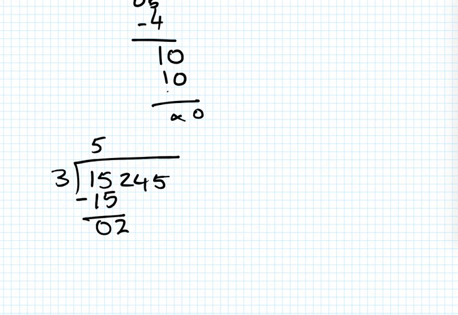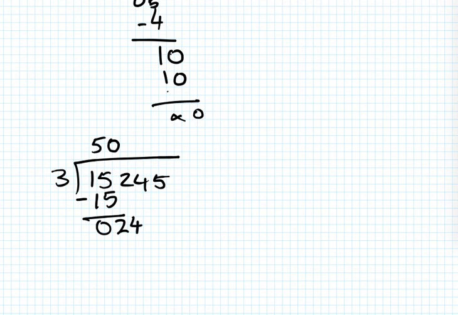We can't put a decimal point down because you've still got numbers here. Once you run out of numbers here, then you can put a decimal point, which allows you to put a 0 down here. But because we've got numbers left here, we can put a 0 here, and then we're allowed to take another number down.